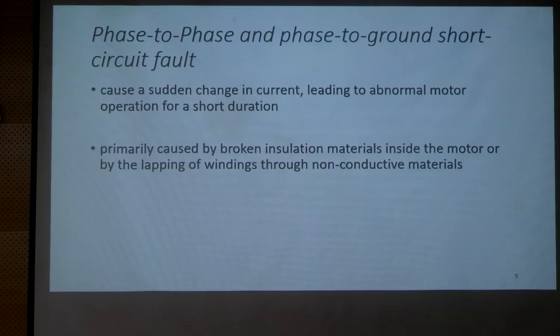Those kinds may be related to phase also. Usually this is caused by broken insulation materials inside the motors or by the lapping of windings through non-conductive materials. So those could be the reasons where this kind of faults will be happening.